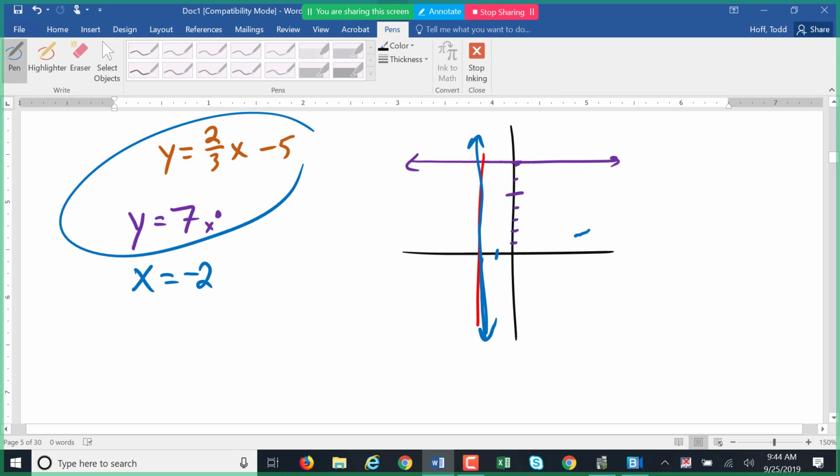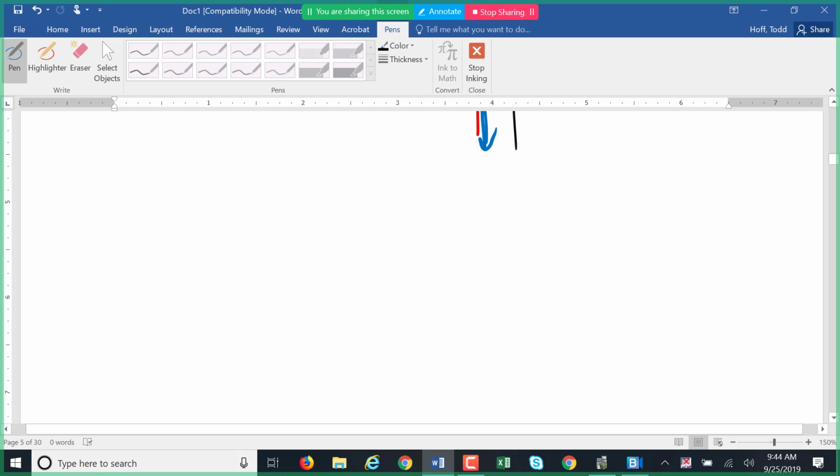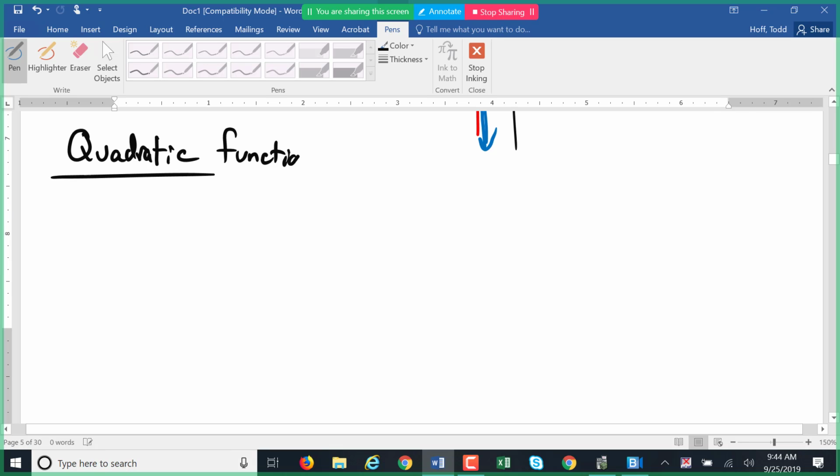Well, today we're going to take a look at the next step above linear, which is quadratic functions. In a quadratic function, we now have one of the variables, x or y, that has to have a power of 2.